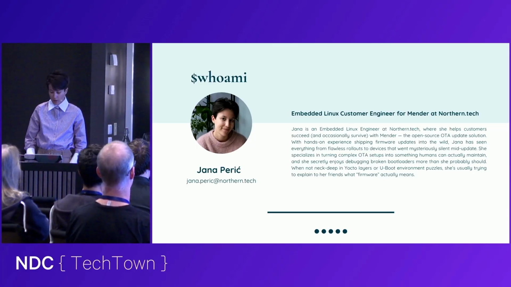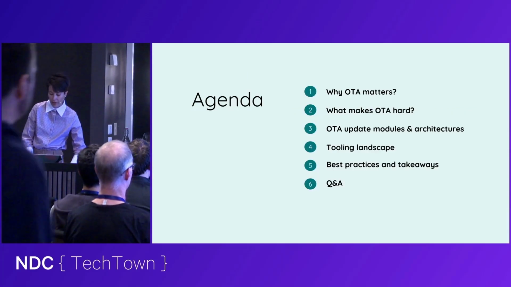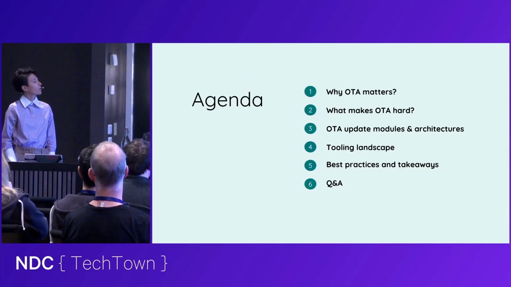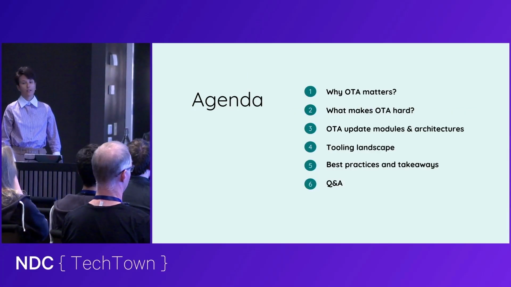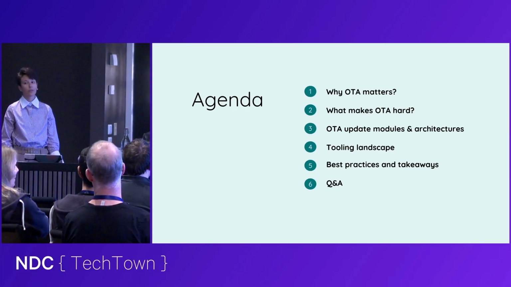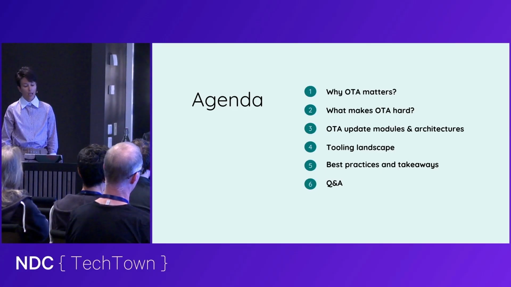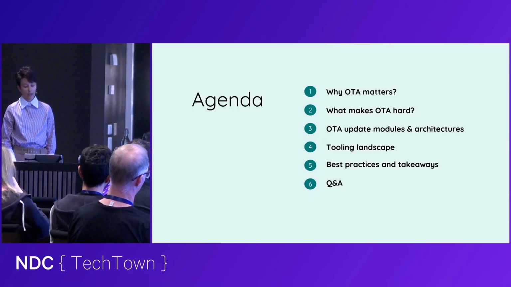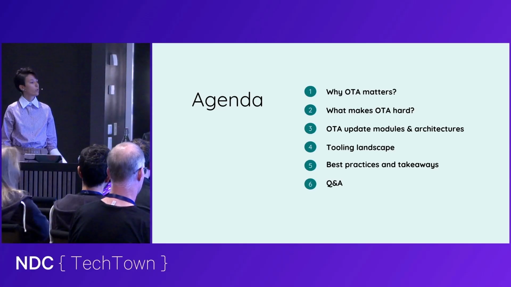Okay, so what are we going to cover here? First, I will walk you through what over-the-air updates are and why they matter. I will try to explain what makes OTA hard. Afterwards, we'll talk about different update modules and architectures and tools that are available on the market at the moment.